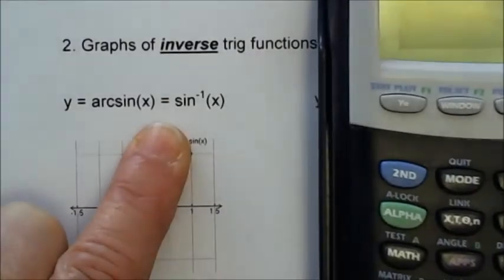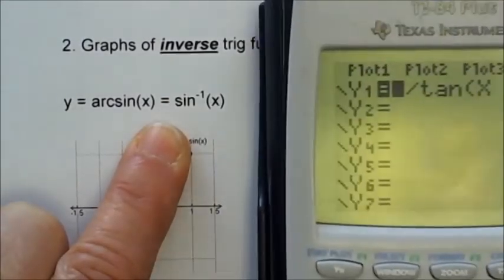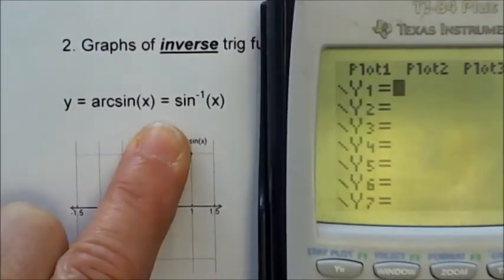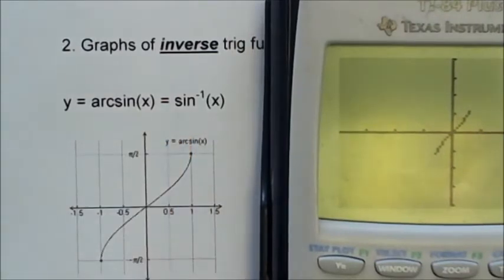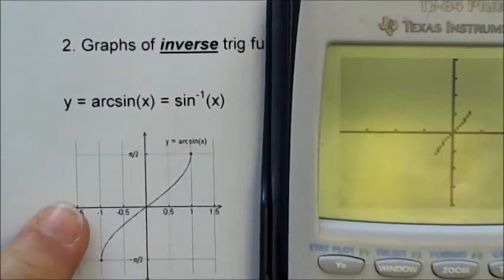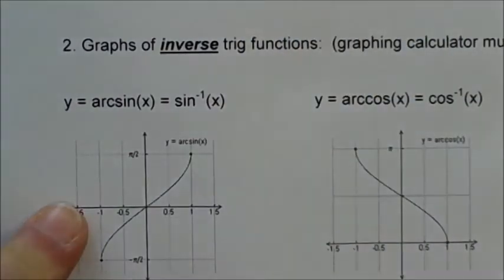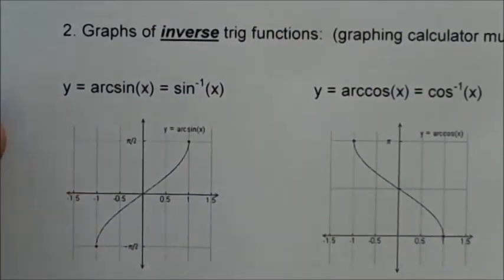Use the graphing calculator. Key in y equals sine inverse x. That's what it looks like. That's it, just that little piece right there. Domain and range.